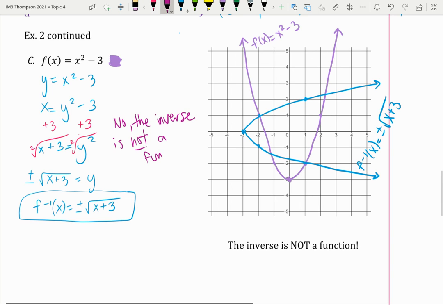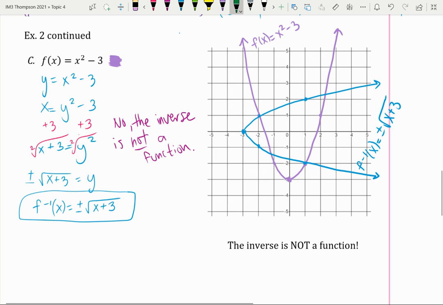So this is an example of it not being a function. It's written on there twice, but that blue graph would not pass the vertical line test.